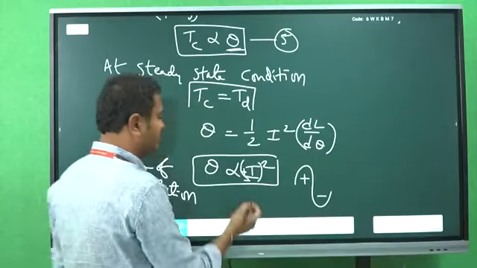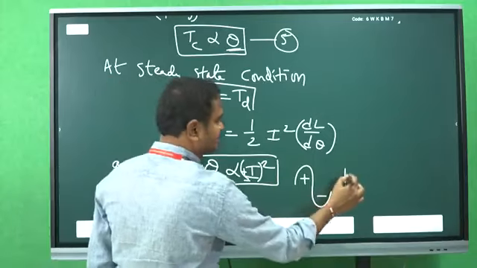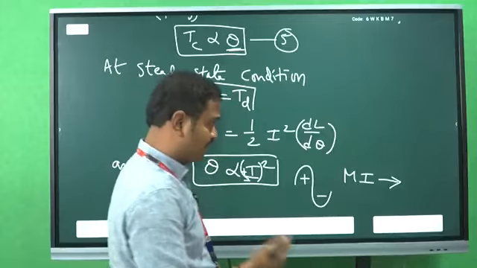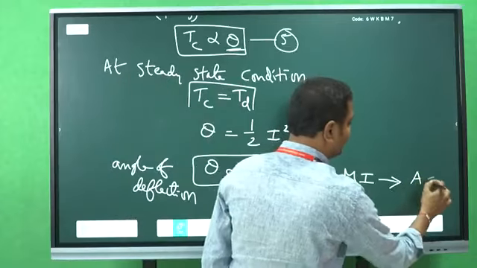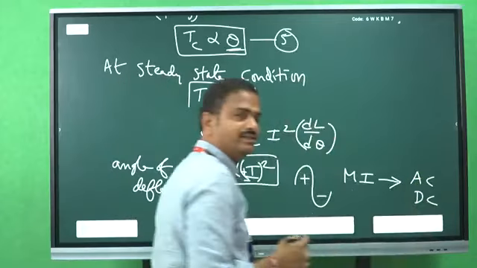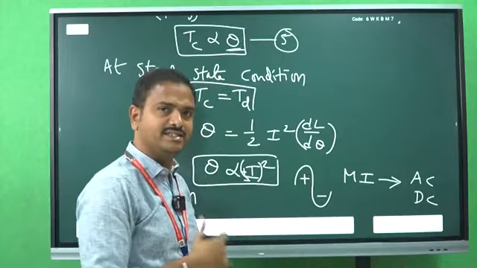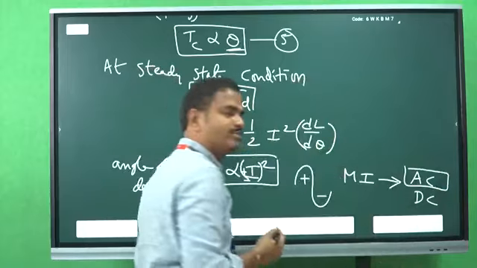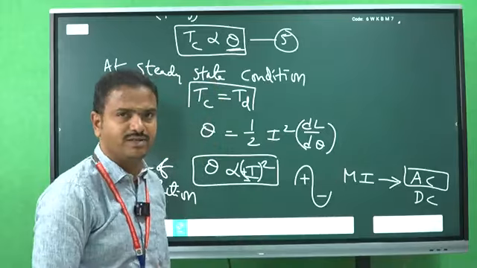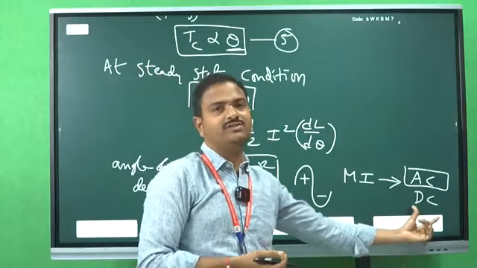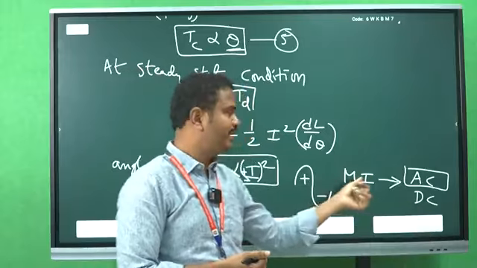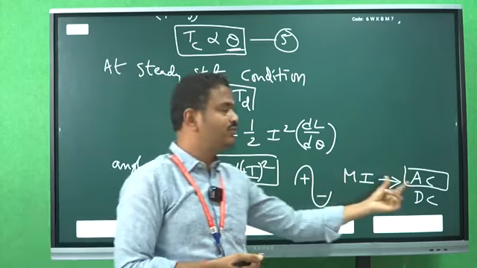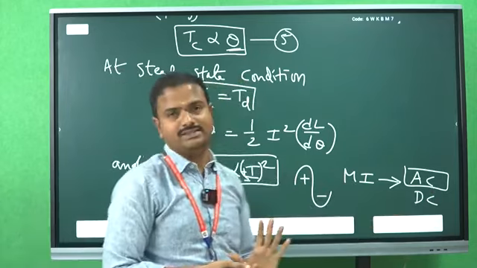That's why MI instruments measure both AC and DC values, AC voltage, AC current, and DC voltage, DC current. But accurate values are from AC, because we have the PMMC instrument for measuring DC voltage and DC current. So MI instruments are used for AC voltage and AC current measurements.